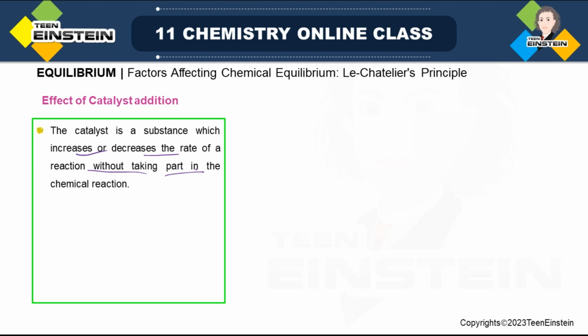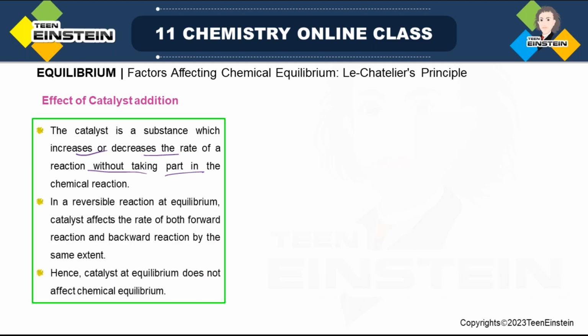So it may be both types, positive or negative, but the important point is we add a catalyst to control the rate, not equilibrium. Fine. So when you are considering a reversible reaction at equilibrium, a catalyst affects the rate of both the forward reaction and the backward reaction by the same extent. Now the equilibrium constant, Kc or Kp, is basically the ratio of the rate of forward reaction to backward reaction, right?